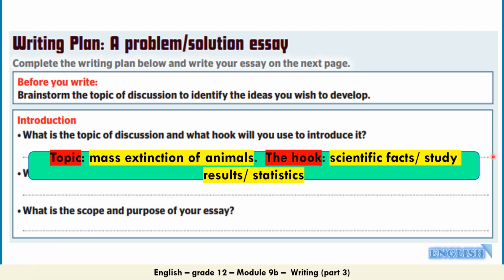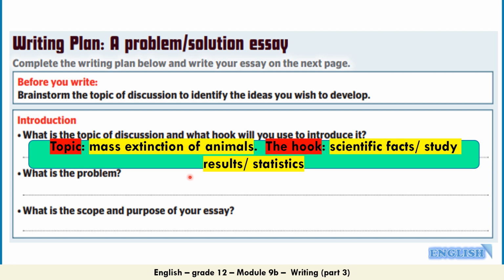Number one, the topic, of course, is mass extinction of animals. The hook, you can rely on scientific facts, study results, or statistics. What is the problem?